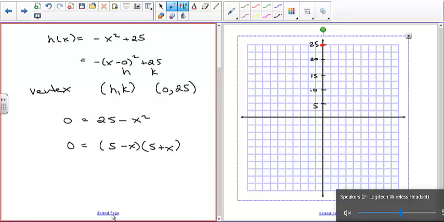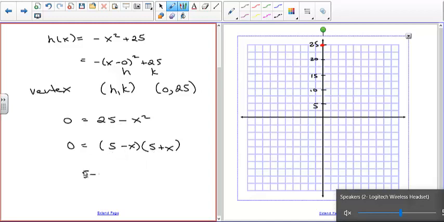But the same kind of philosophy applies. So I know two numbers together that equal 25. Well, there's only three integers, 1, 5, and 25. And this is x squared, so I know each one of those has to be x. And there's no middle term, so there's got to be a plus and a minus part with the same number.